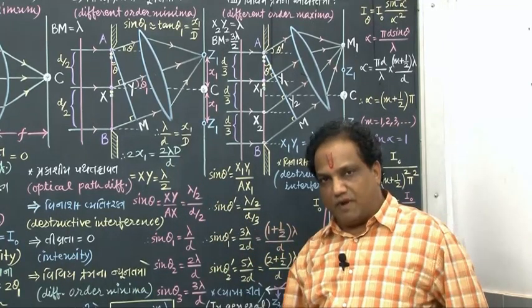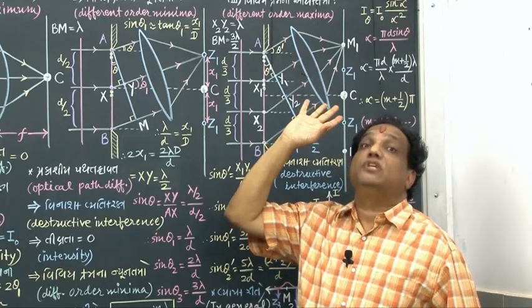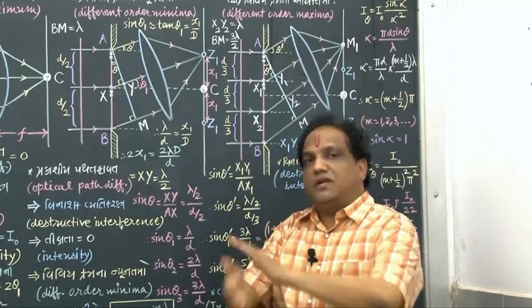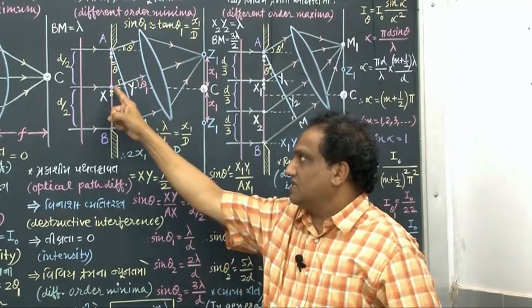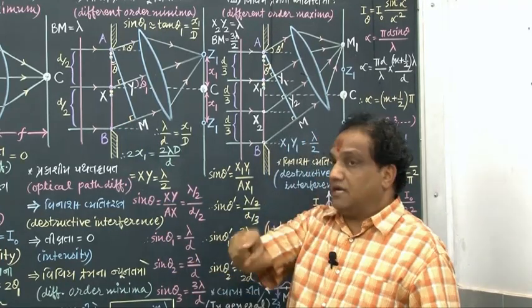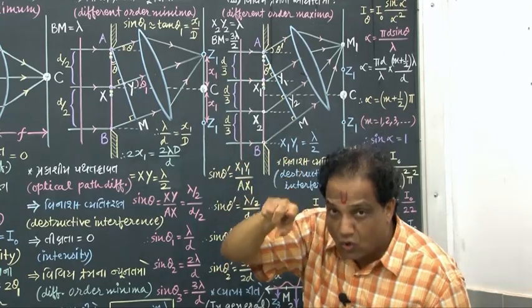And if path difference is lambda by 2, the interference will be destructive and intensity would be 0. In short, this half of the slit nullifies the effect of the other half, and because it cancels the effect, the ultimate resultant intensity of light at this point Z1 would be 0.